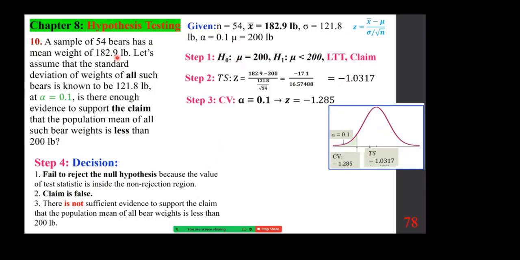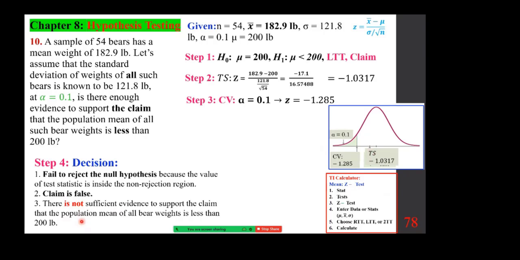And you use the sentence from the question: there is not sufficient evidence to support the claim that the population mean of all bear weights is less than 200 pounds.